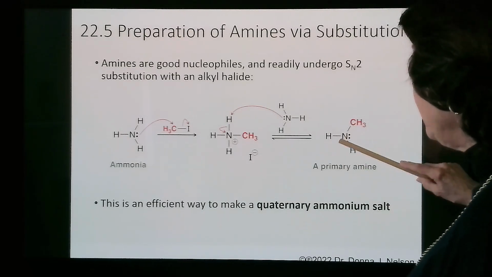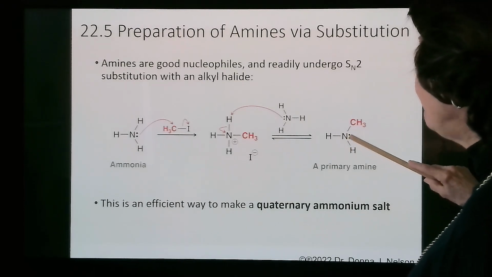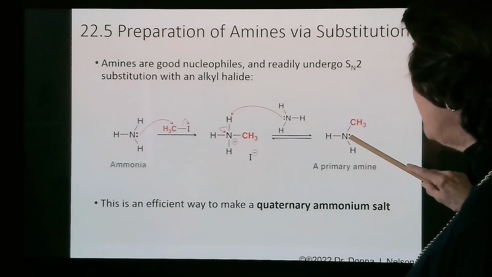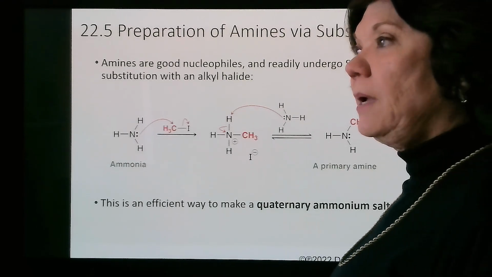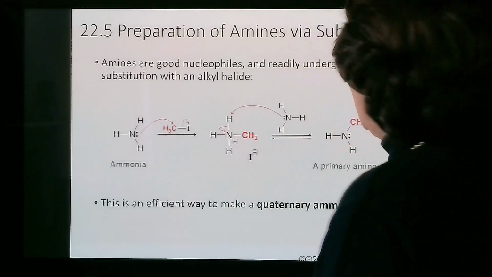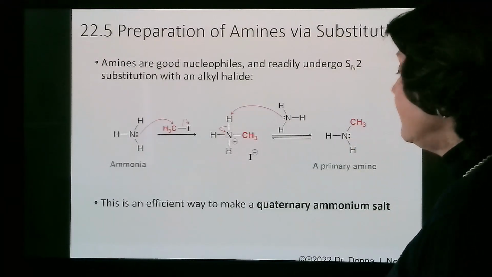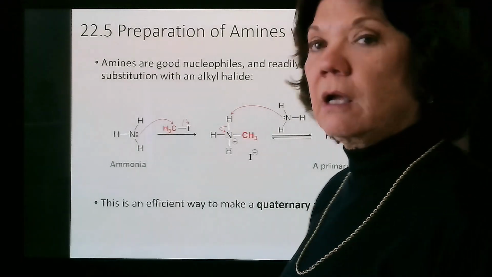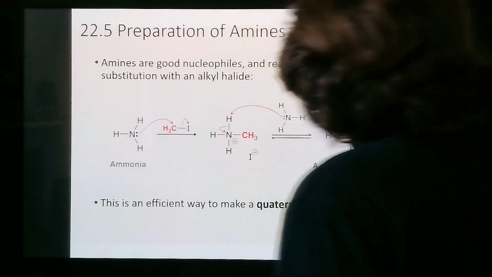So nitrogen will be richer in electron density. The nitrogen, therefore, will bear a pair of electrons that is even less tightly held. It will be a larger electron cloud, and it will be more readily available for reaction, just like this one.